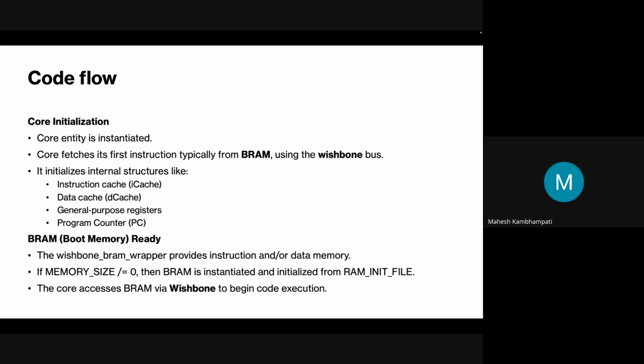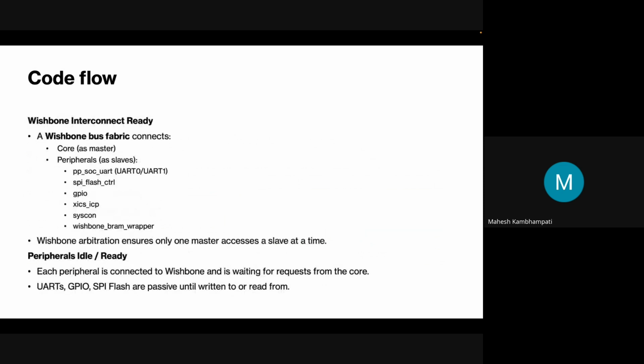And then BRAM is instantiated and initialized from the RAM init file if it is present. And then the core accesses BRAM through Wishbone, where the main program executes. The Wishbone fabric is used for communication. There are usually two masters, a core and a debug master, and every other component is simply a slave that responds to the master.